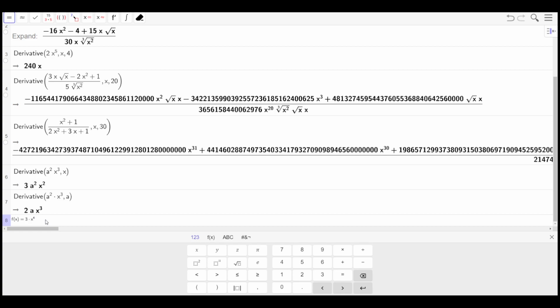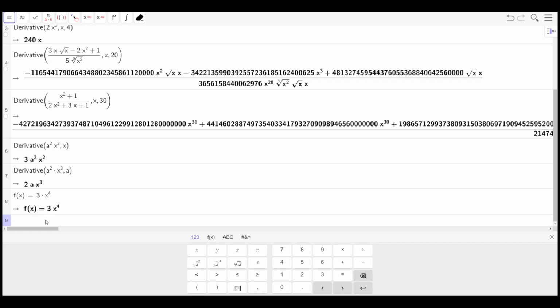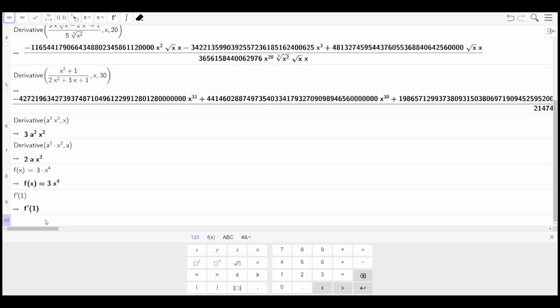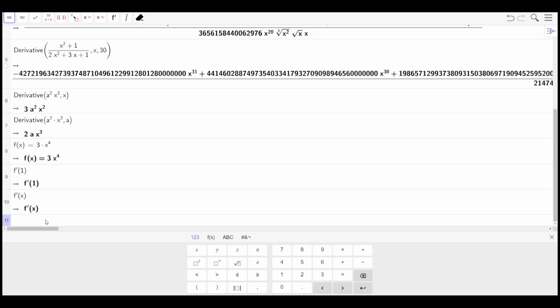So here we type that one, and then let me just type, I don't know if it works, f prime of 1. No, it returns back, but this is extremely strange, because what if I type f prime of x? Now it suddenly stopped working.